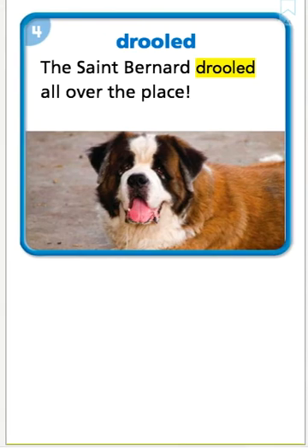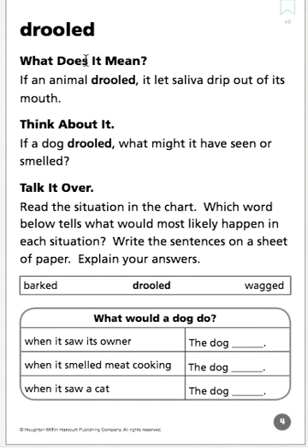Our next word is drooled. The St. Bernard drooled all over the place. What does it mean? If an animal drooled, it lets saliva drip out of its mouth. Think about it. If a dog drooled, what might it have seen or smelled?